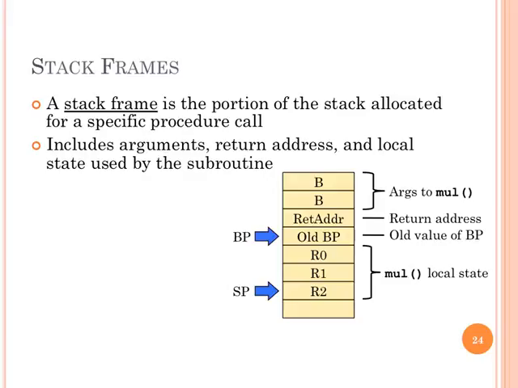And it's going to have all the state that's associated with that subroutine. We have the arguments, we have the return address to go back to, we have the old base pointer or whatever other registers we need to preserve on behalf of the caller, and we have any local state as well on the stack. And all of this is part of the stack frame for this subroutine, and BP is the reference point for it all. Okay, so that's why we call it the frame pointer.